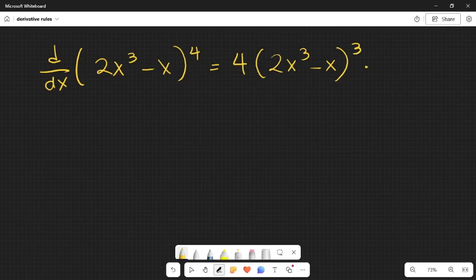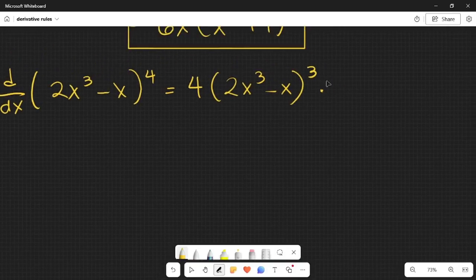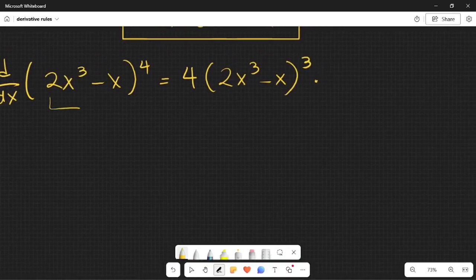And then we're going to multiply by what's inside. We're going to find the derivative of 2x cubed. The derivative of 2x cubed is 6x squared. And then the derivative of negative x is negative 1. And that's your final answer.